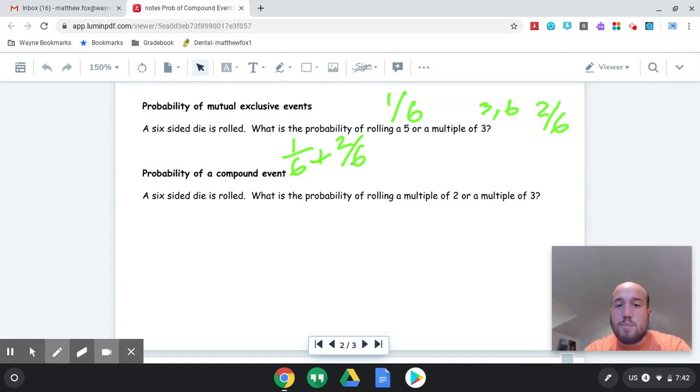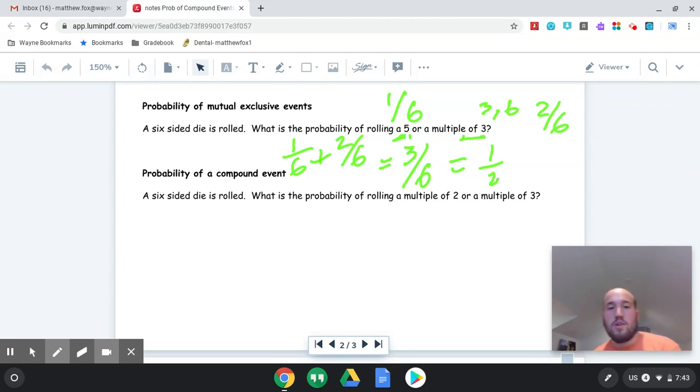The way we decide that is: is it possible to roll a 5 that's a multiple of 3? And our answer is no, because a 5 is not a multiple of 3. So we don't have to subtract anything off, since nothing is part of both of them. They would be considered mutually exclusive. So 1/6 plus 2/6 gives us 3/6. Now that can reduce, and we're going to get 1/2. Half of the options would either be a 5 or a multiple of 3.